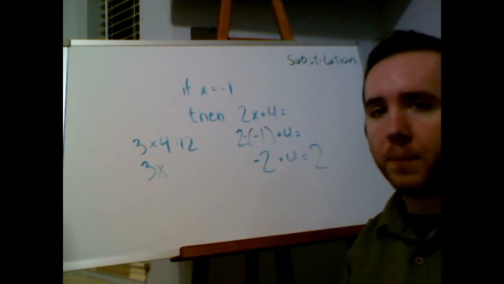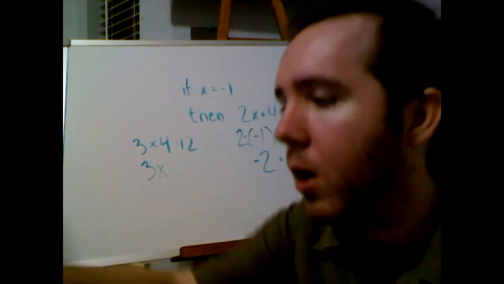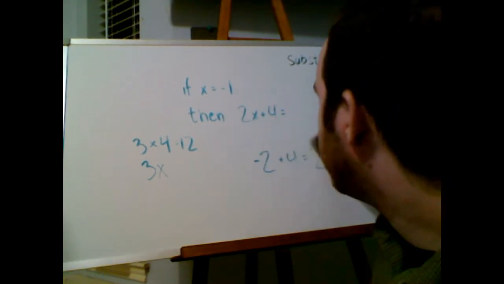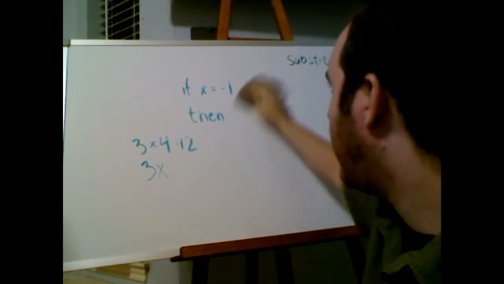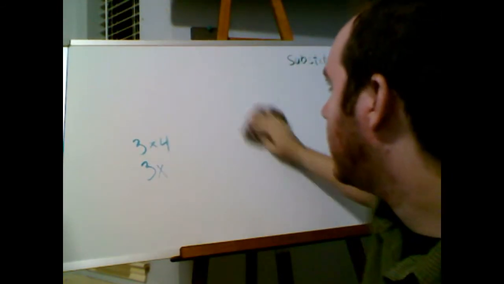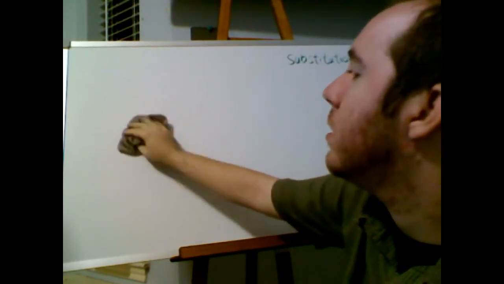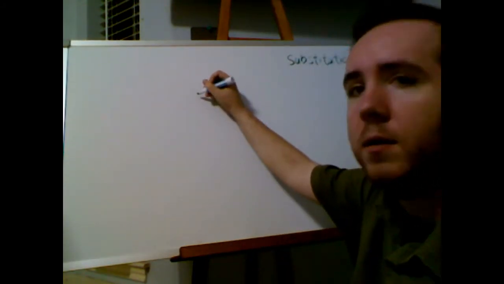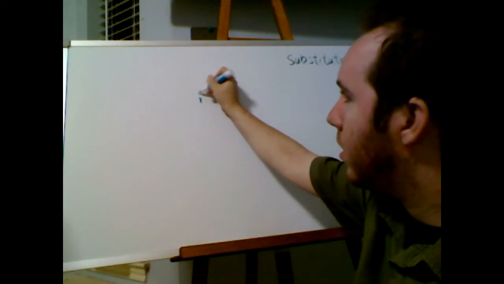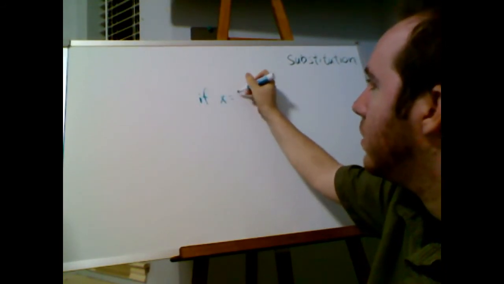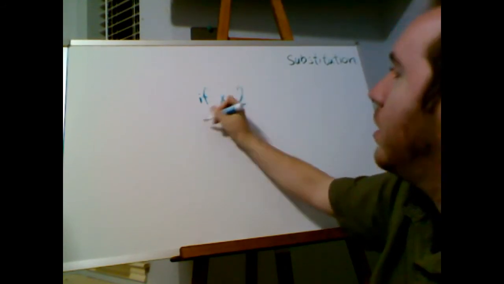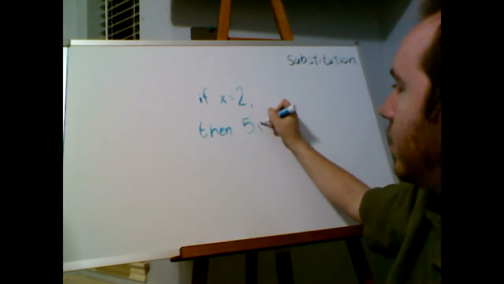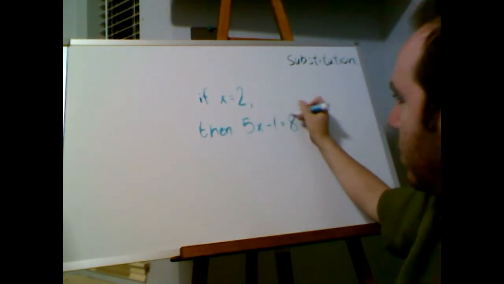Looking at the third question, we're going to see a slightly different use of a variable. Sometimes we'll be given an equation with both sides already filled out. So we can ask, if x equals 2, then 5x minus 1 equals 8.